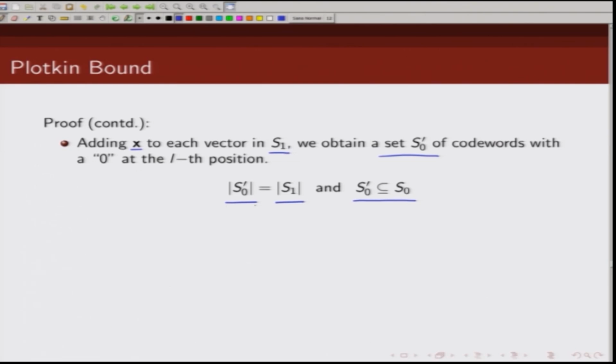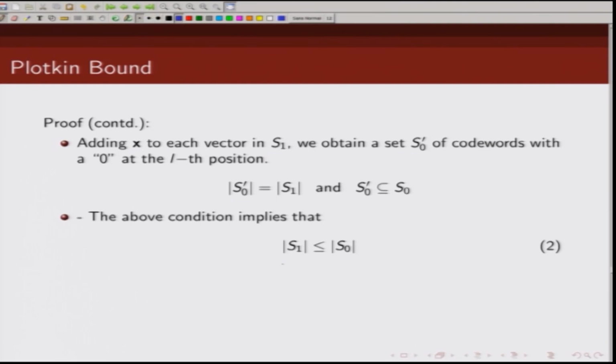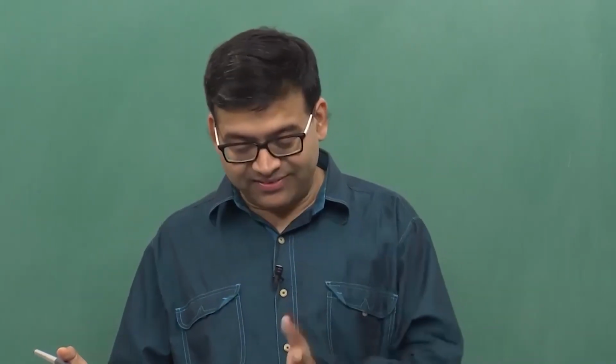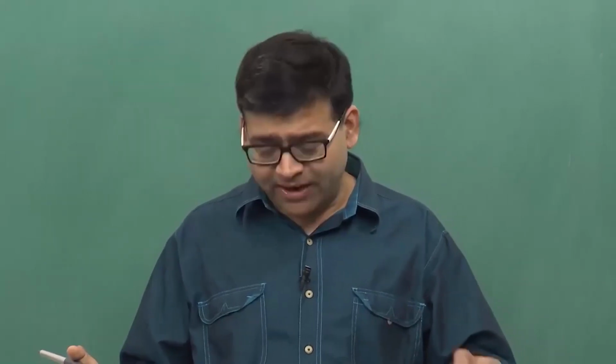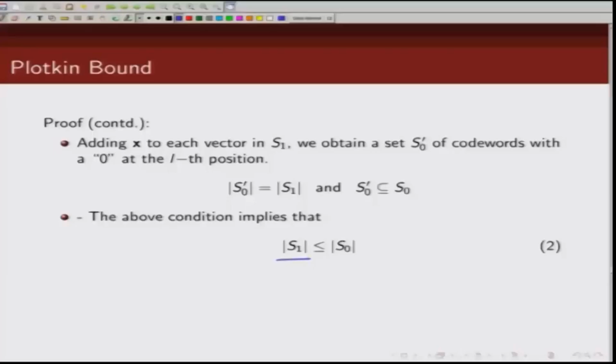So, from this we can conclude that the number of code words which have 1 at the lth location is less than or equal to the number of code words which have 0 at the lth location.